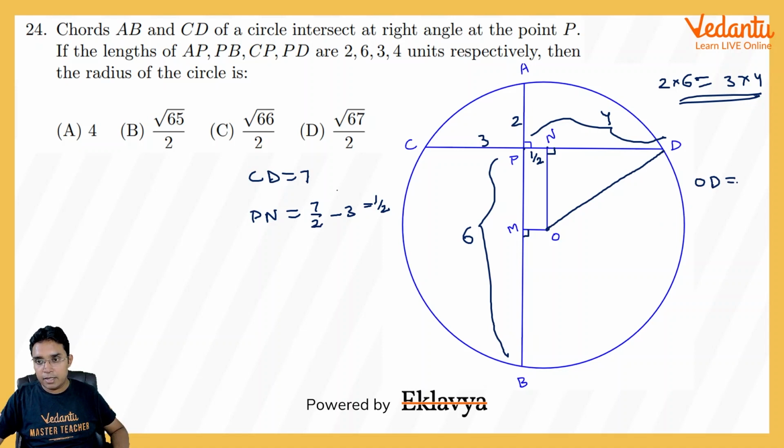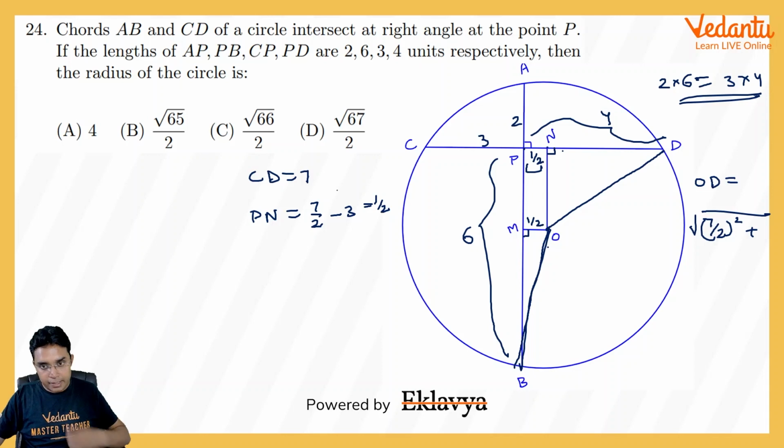So OD, that is the radius, will be under root of ND square, that is 7 by 2 square. Actually, I will require this ON. So I think I should have joined this thing. If this is half, this will also be half because it is becoming a rectangle.